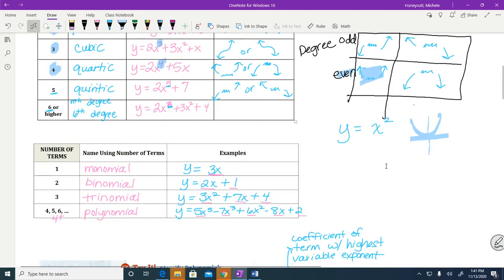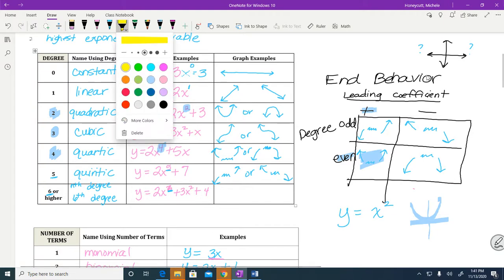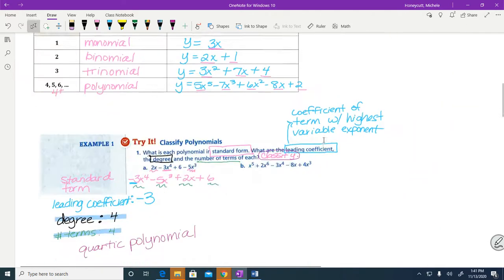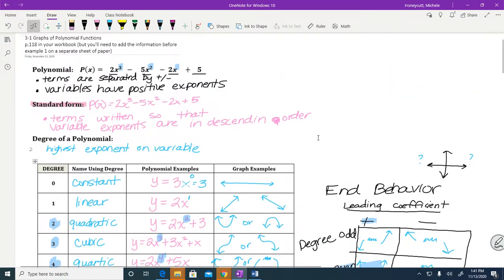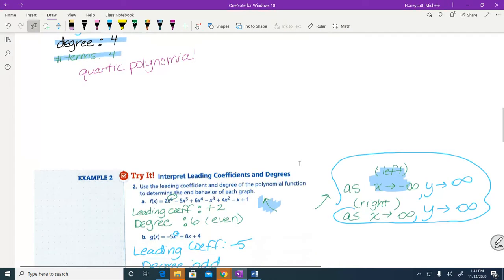Let me go back up to my chart, grab a highlighter, see where I am. I have an odd degree and negative leading coefficient, so odd and negative puts me right here.